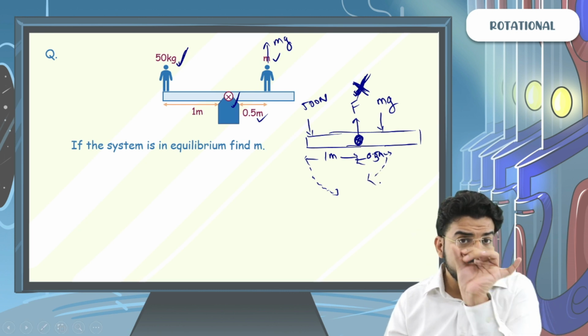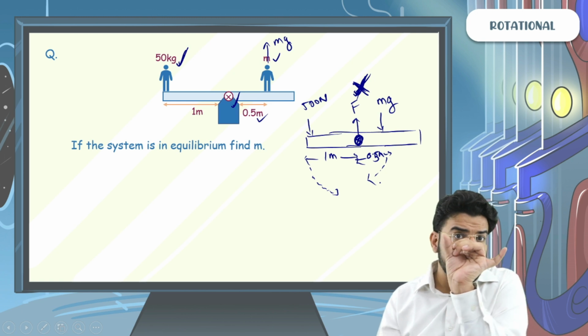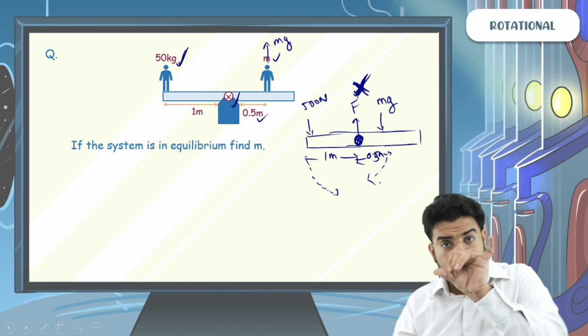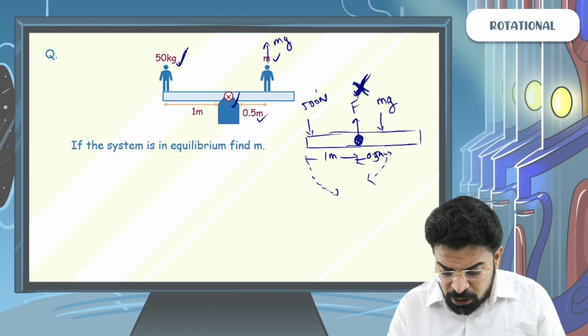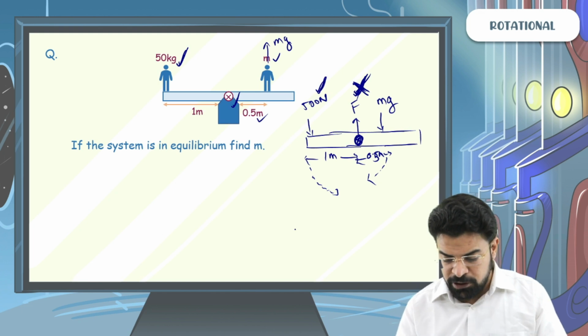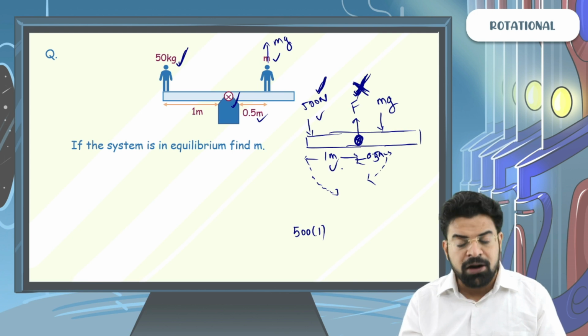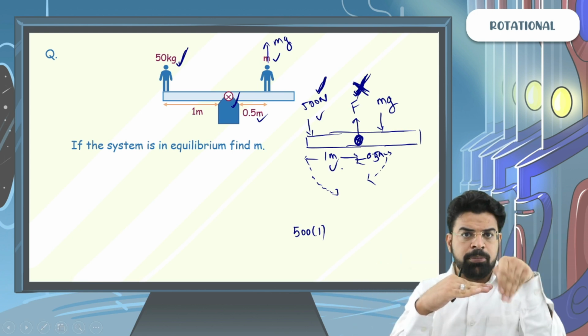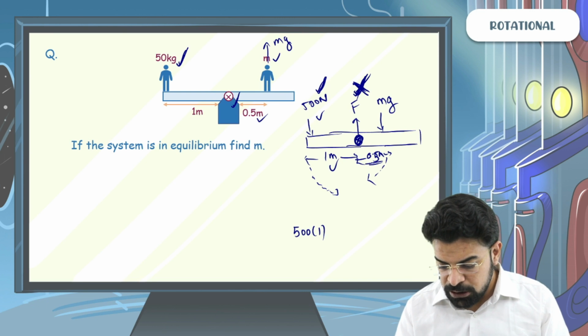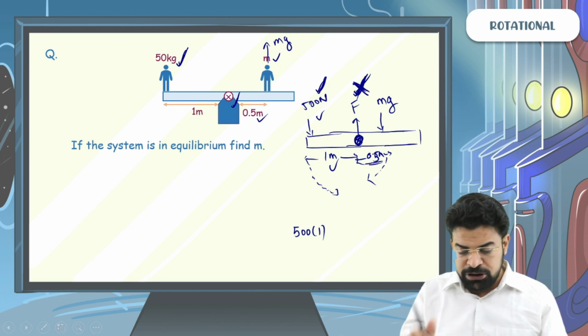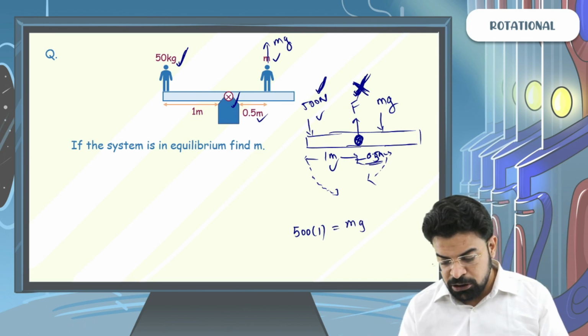If the system is in equilibrium, then the anti-clockwise torque has to be the same as the clockwise torque. The anti-clockwise torque because of this force of 500 Newton will be force times length, because the force and length are already perpendicular. Moreover, the torque of the force of mg will be equal to mg into 0.5.